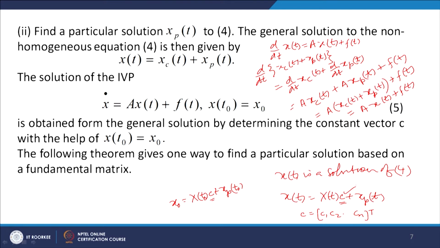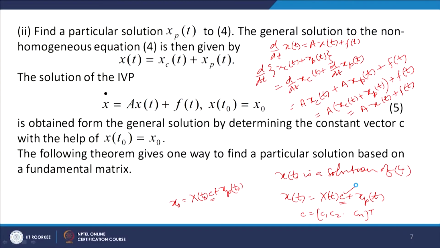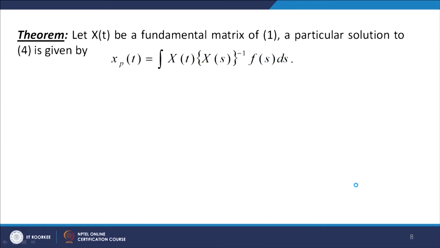Now, the question arises: how do we find a particular solution of the system 4? So, we state a formula for this particular solution of system 4. Let X(t) be a fundamental matrix. In order to find a particular solution to the system 4, we need to know a fundamental matrix.